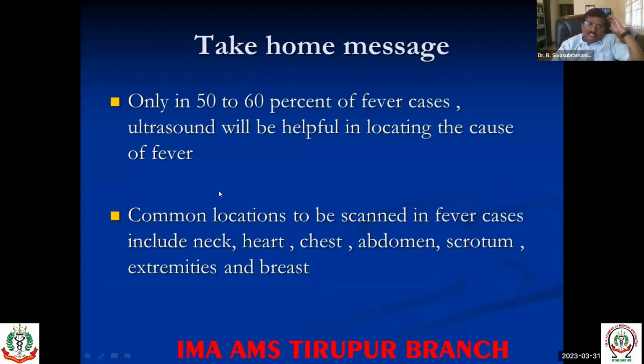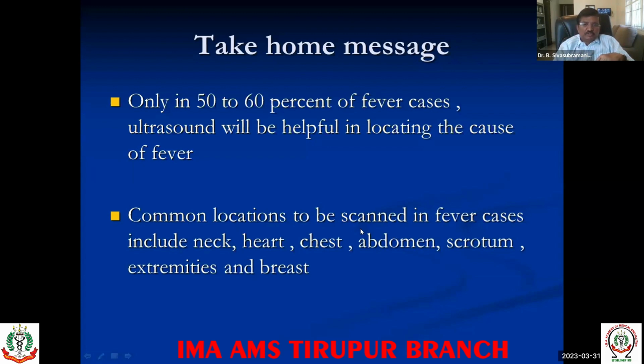So the take-home message here is that not in all fever cases can you localize the cause. Only in around 50 to 60% of fever cases will ultrasound be helpful in locating the cause of the fever. Common locations which have to be scanned in fever cases are the neck region, the heart to look for any endocarditis or vegetations, and the chest always to look for peripheral consolidations and pleural effusions.